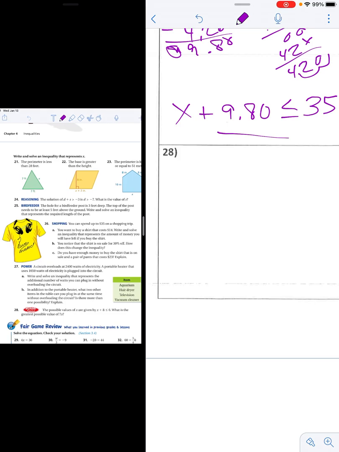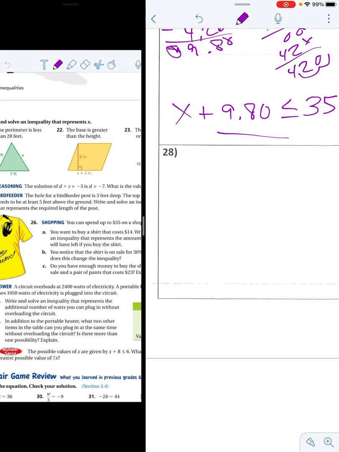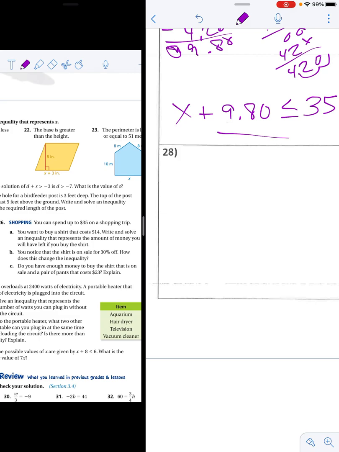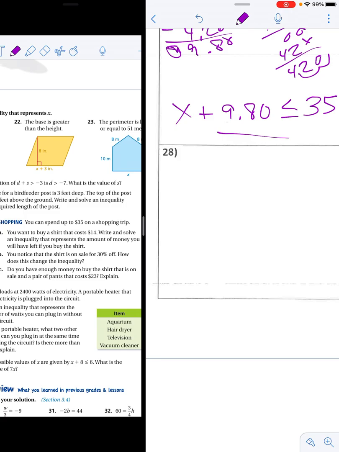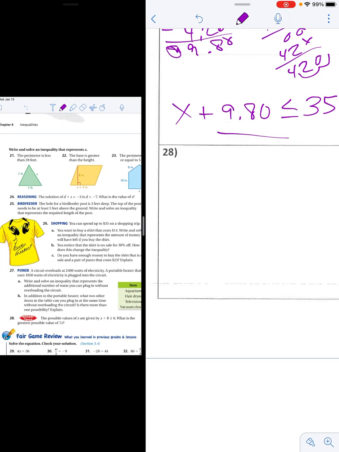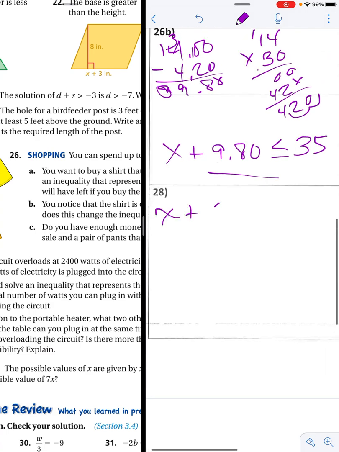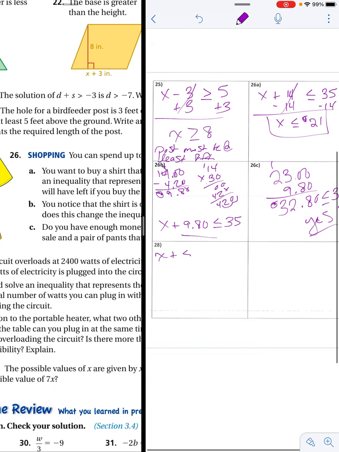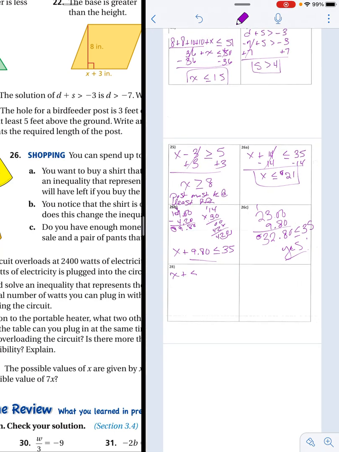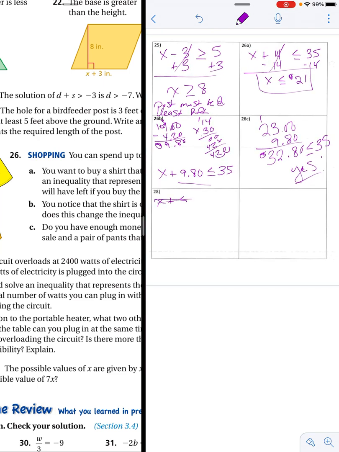Good. And the last one, number 28. The possible values of x are given by x plus 8 is less than or equal to 6. What is the greatest possible value of 7x? Okay, so we're going to start with x plus 8 is less than or equal to 6.